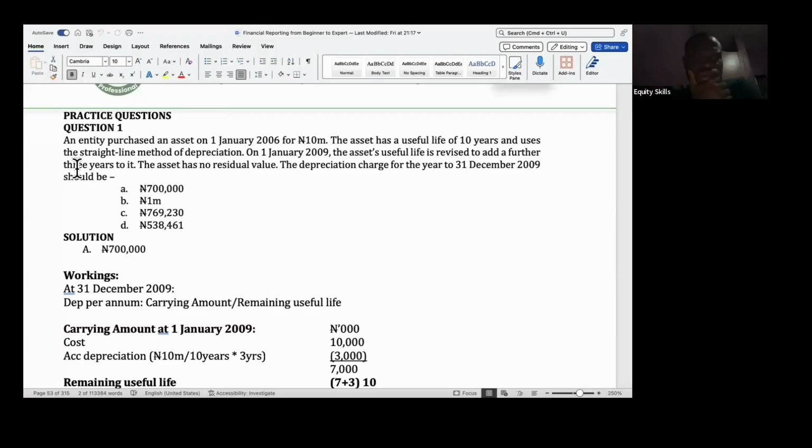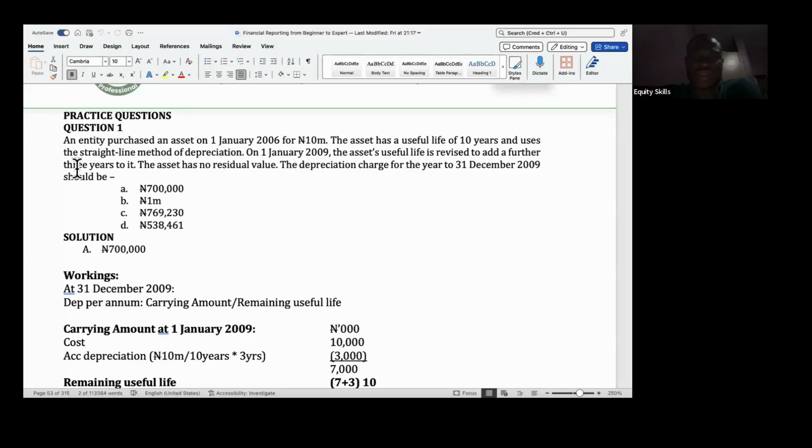Question 1. It says that an entity purchased an asset on 1st January 2006 for 10 million. The asset has a useful life of 10 years and uses the straight line method of depreciation.